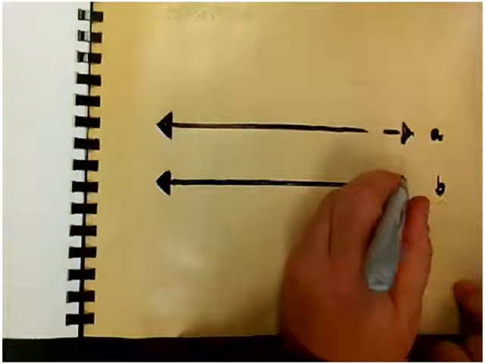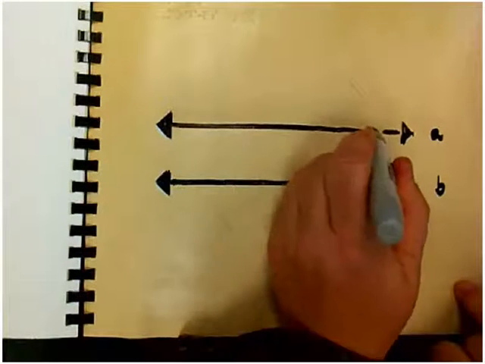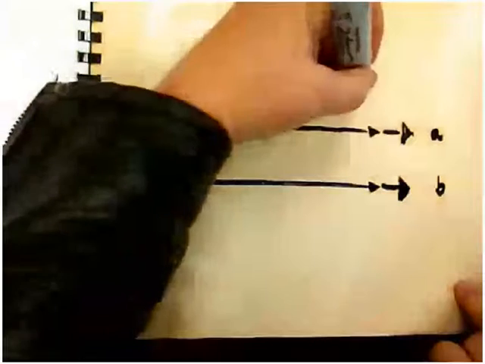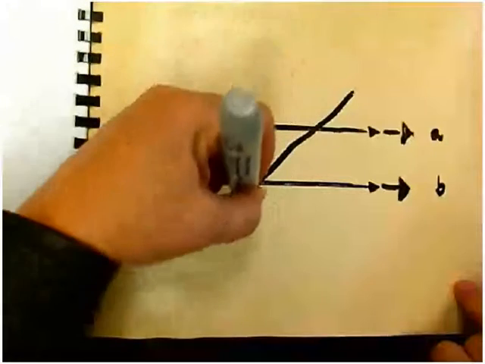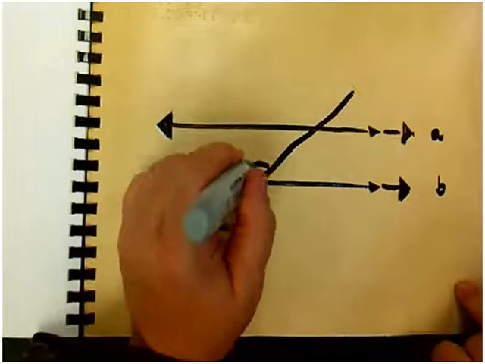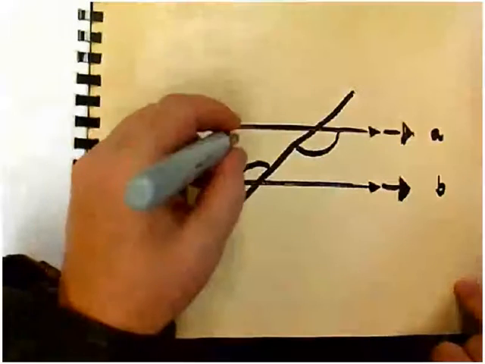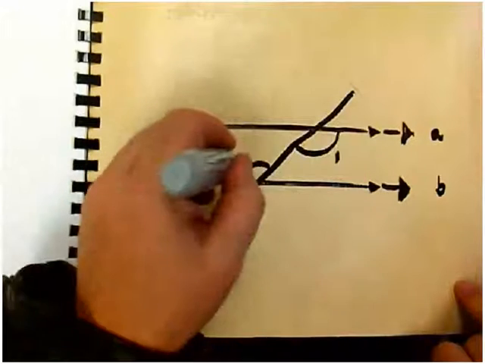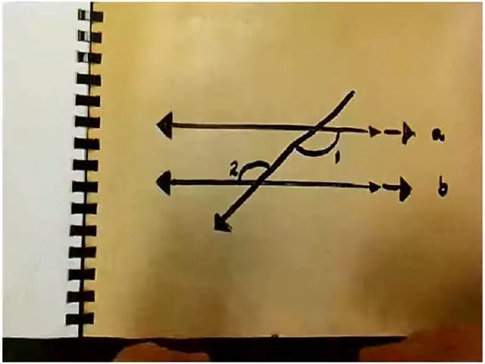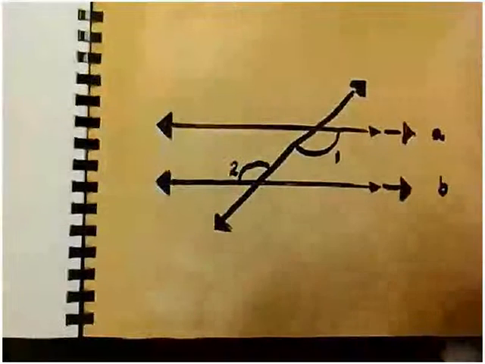Okay. So we have A and B. They have their little parallel arrow indicators. And then it shows the transversal with the alternate interior angles. And those tick arcs are showing congruency of angle 1 and angle 2. So this is just the converse of what you learned in a previous section.